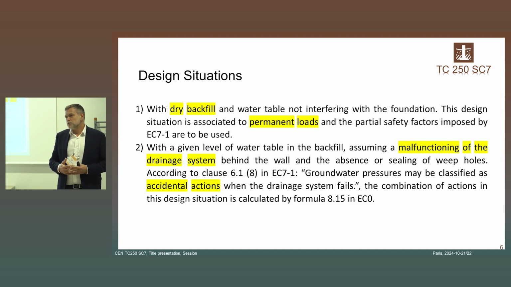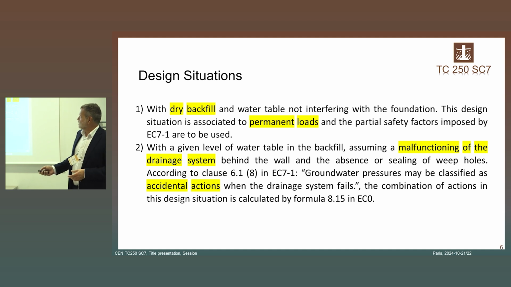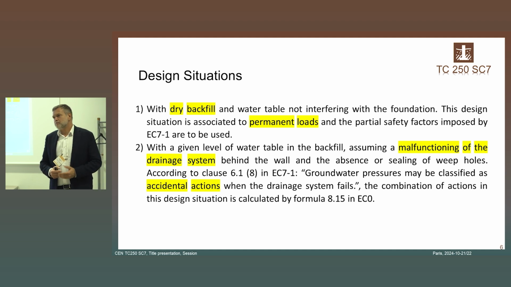So we decided to retain the case with the groundwater in the backfill, but to consider this as an accidental action, considering two different design situations. One design situation is the normal condition of the wall, in which we have a dry backfill, and therefore this situation is associated basically with permanent loads.